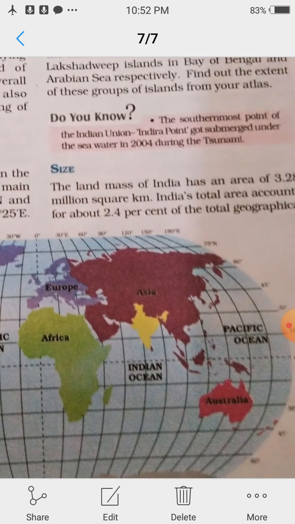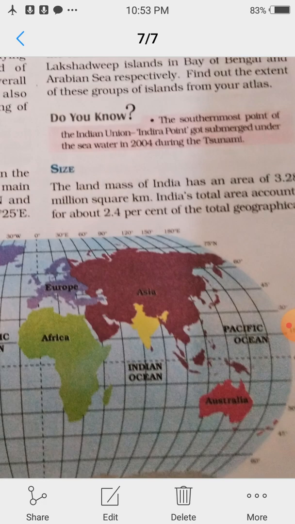To the southeast and southwest of the mainland lie the Andaman and Nicobar Islands and the Lakshadweep Islands, in the Bay of Bengal and the Arabian Sea respectively. So find out these groups of islands from your atlas.